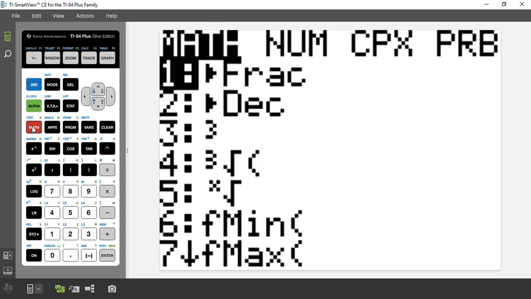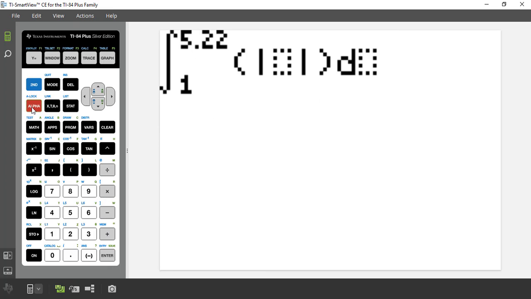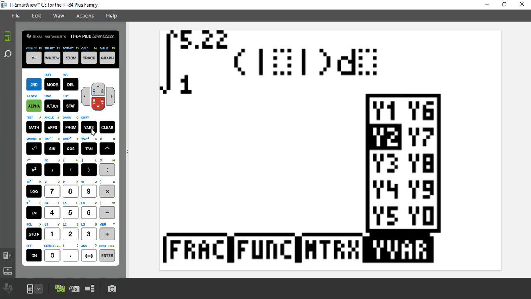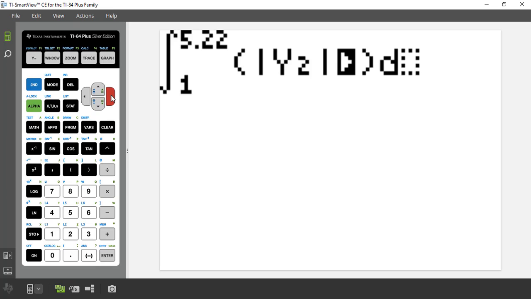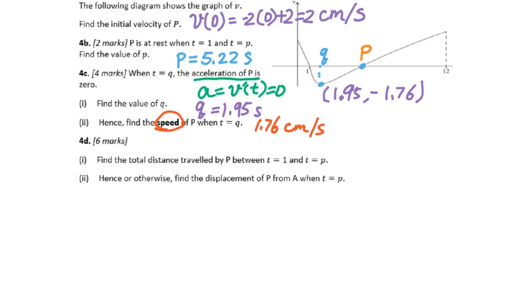Math, number, absolute value. Alpha trace, go to y2. Then here is dx, enter. Your answer will be 4.45. So you get the distance is 4.45 centimeters.